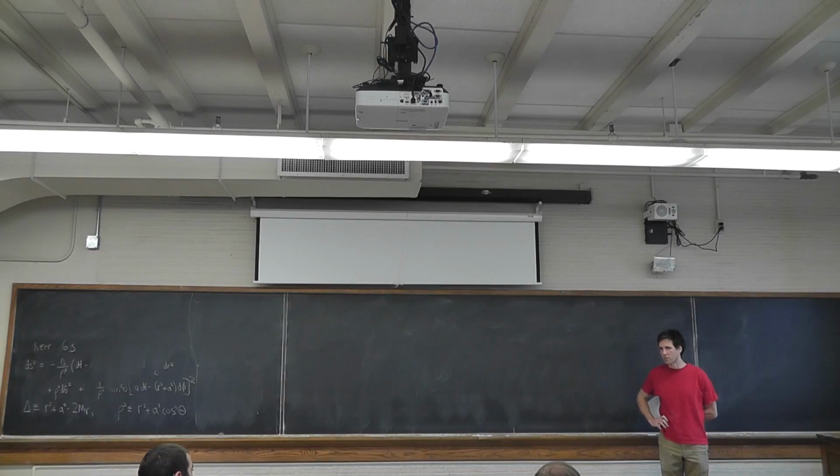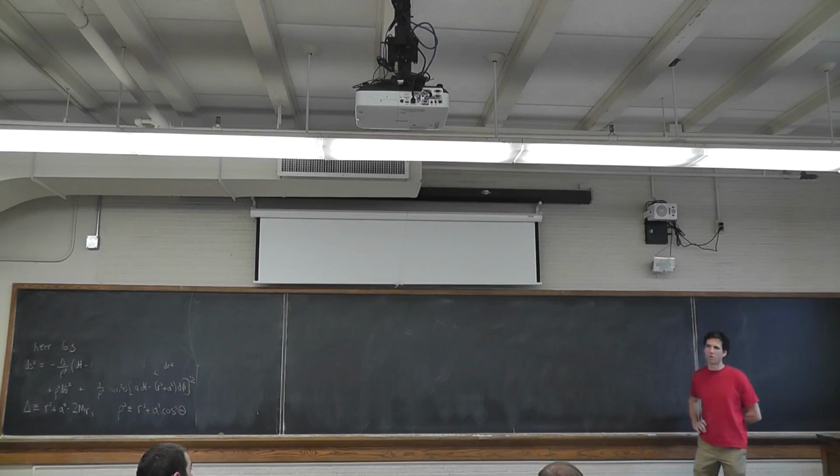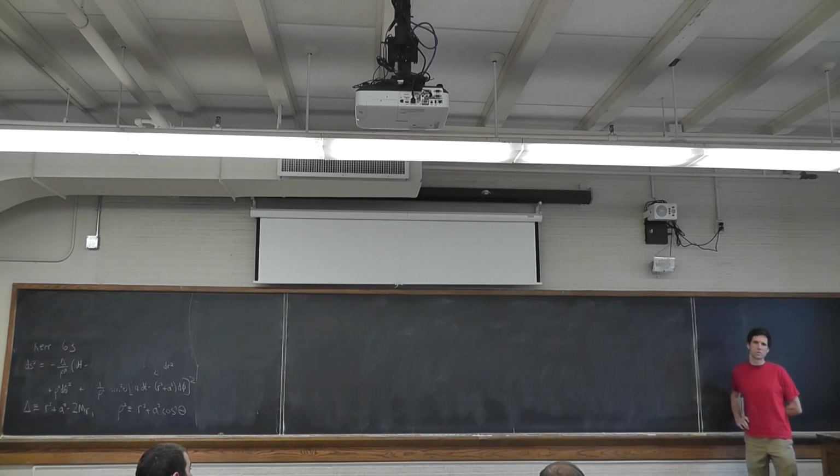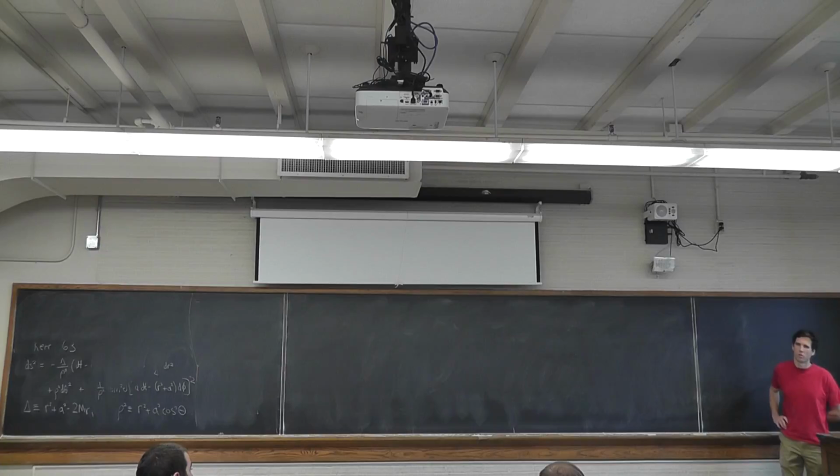One of the essential steps in the no-hair theorem is arguing that the topology of the horizon of a black hole is necessarily spherical, S2. The analogous statement is not true in higher dimensions, so the topology of the horizon of a 5-dimensional black hole can be complicated. It doesn't have to be S3. So the usual statement does not apply, and I'm not sure to what extent there are other statements that do.